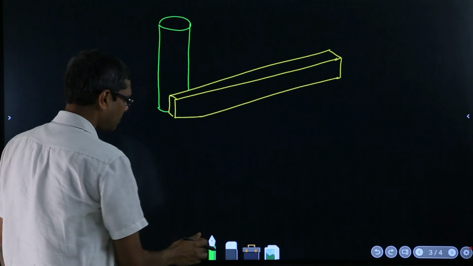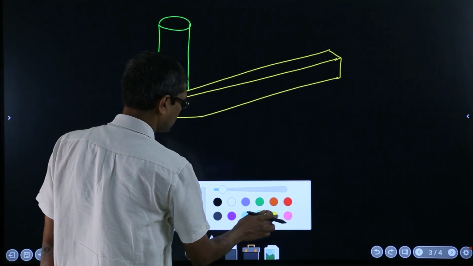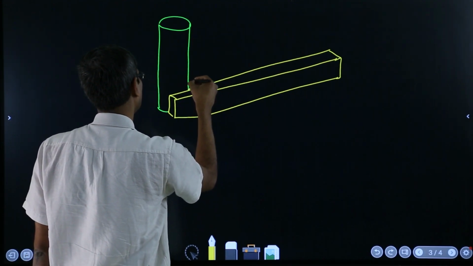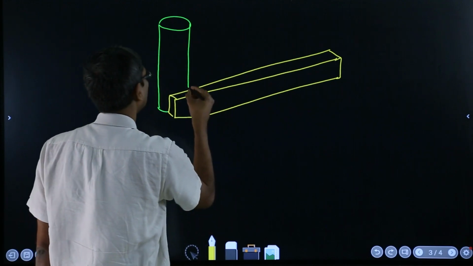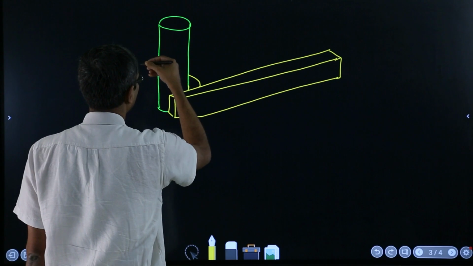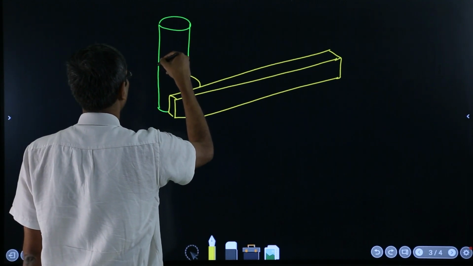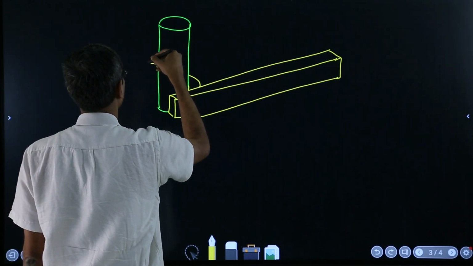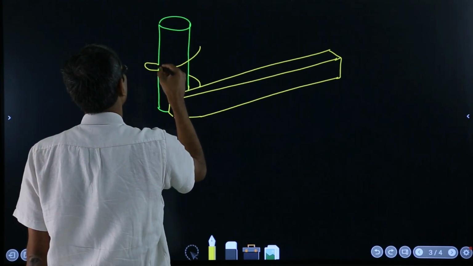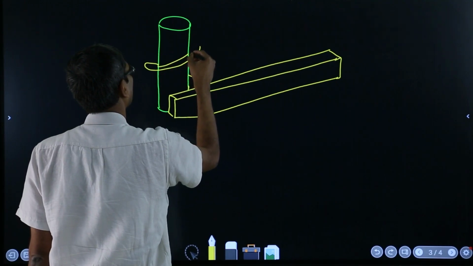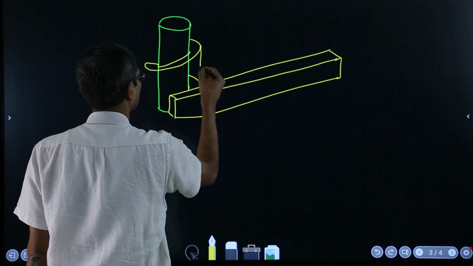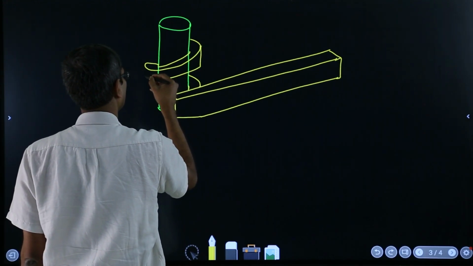So what will happen is, if I wrap it up, I'll start from here, then it will go on that side, and this will go on that, and when it comes to this side, maybe it will come over here, and something like that will be there. The wedge will look something like that.